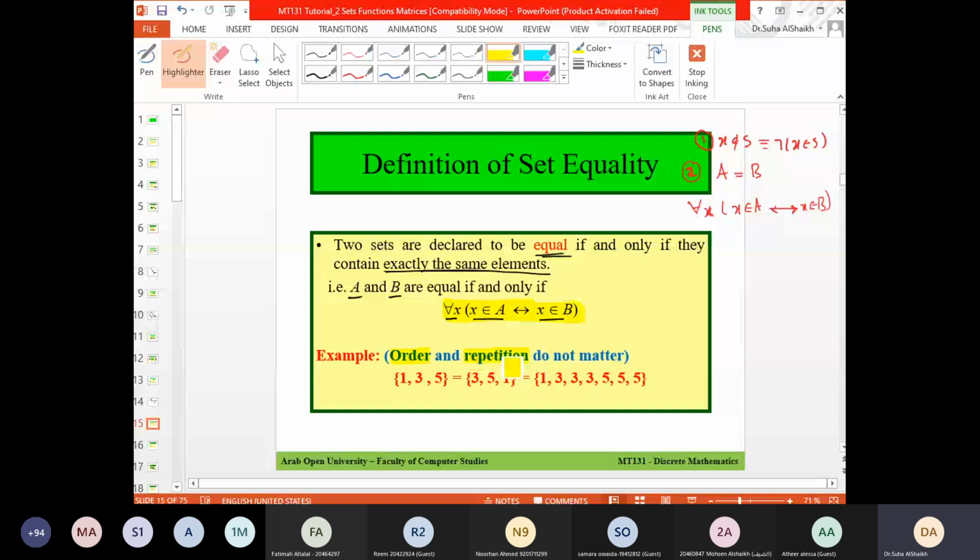Repetition is not important; it does not matter. So when I say I have A as 1 3 5, this is the same as 3 5 1. This is the same as 1 3 3 3 5 5 5. All are equal, as you can see. All those three sets are equal.